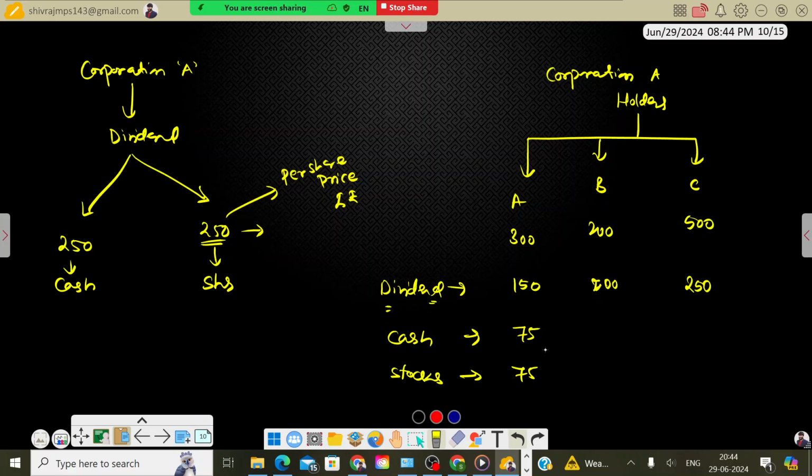So the total value would be around 150. This person can also ask for 50 rupees as a cash amount and 50 rupees as stocks, the number of stocks that the company can process. This person can ask for 125, or let's say like this. So here if you see, the same dividend the company can utilize in this way.